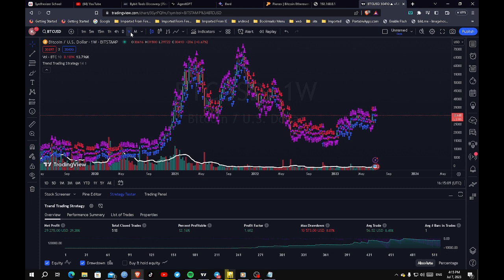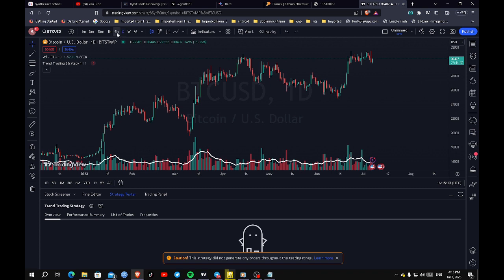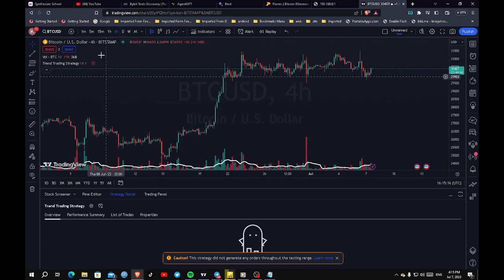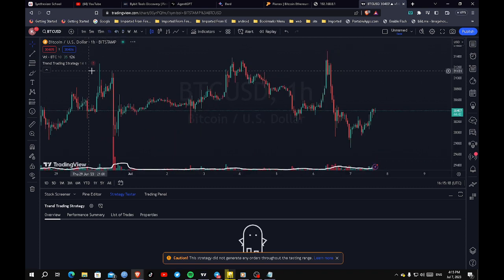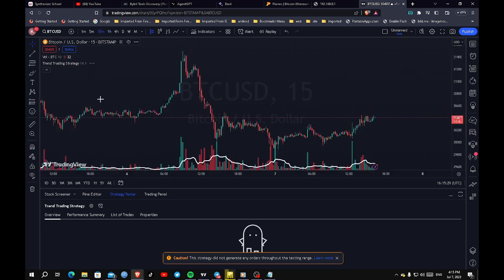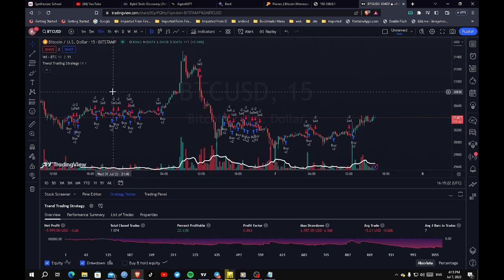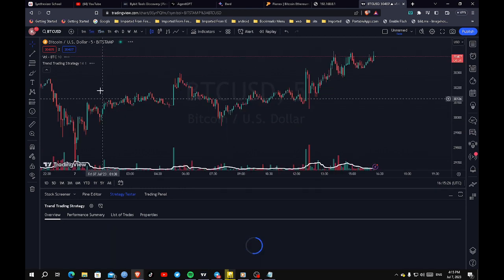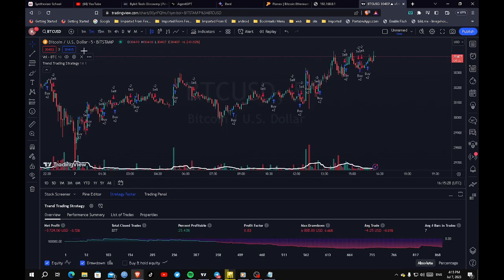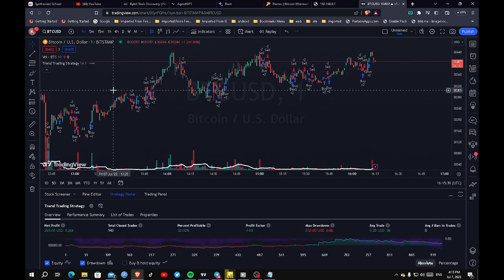Wow, that's a lot of signals. It appears that it works only on the higher time frames than the 15-minute time frame, 5 minutes and 1 minute too.